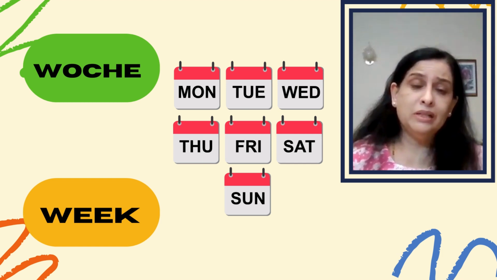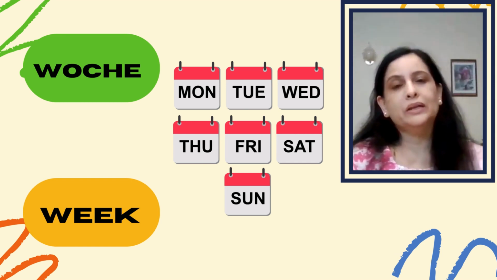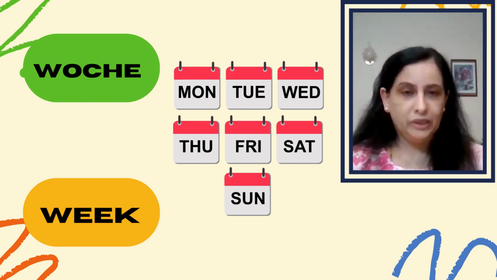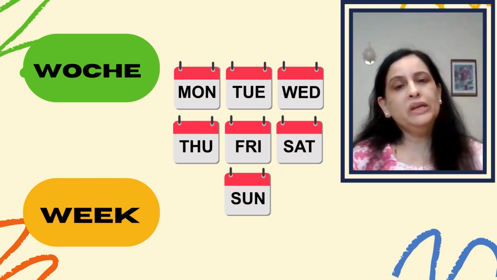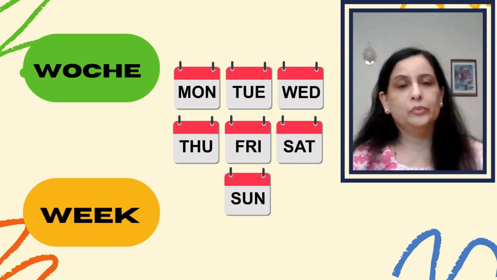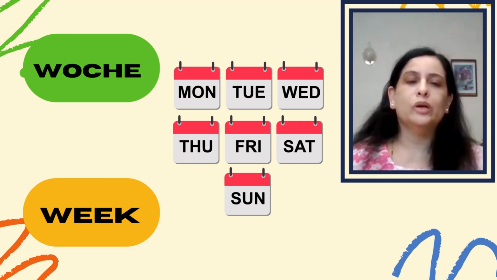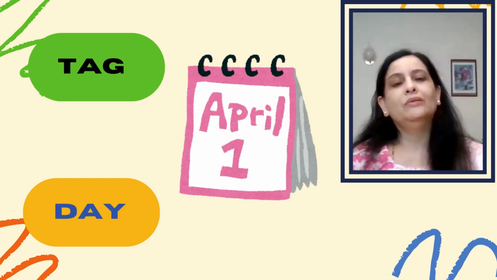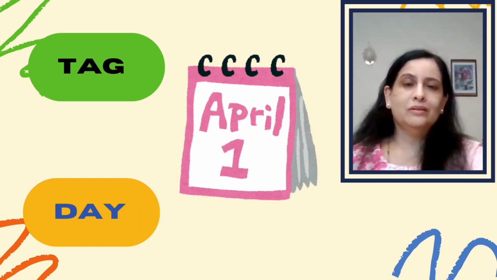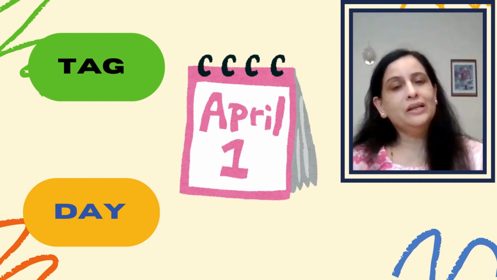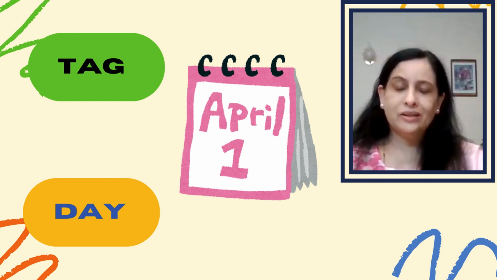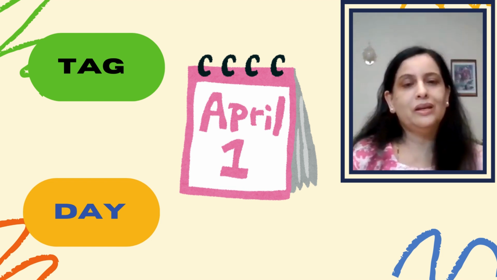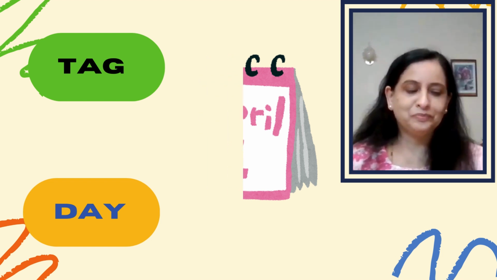Now we'll see some time related phrases. We'll start with the week. Week is called Woche in German. Eine Woche ist 7 Tage. Tag is day and Tage is days. So in 1 week there are 7 days.